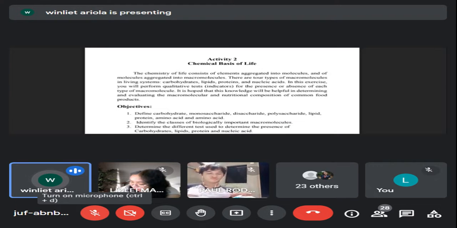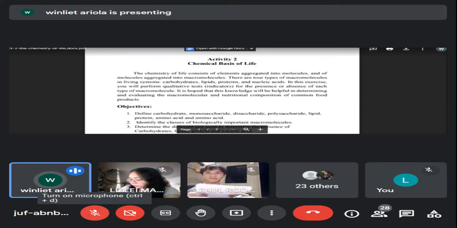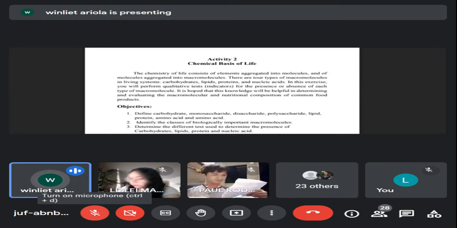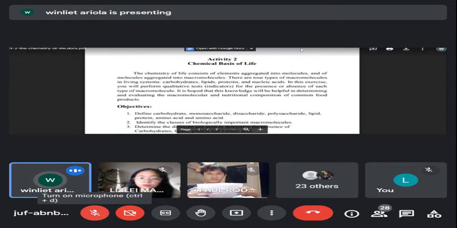In this activity, you performed qualitative tests. When we say qualitative test, ito yung paggamit ng indicators for the presence or absence of each type of macromolecule. Anong mga indicators ang ginamit dito?